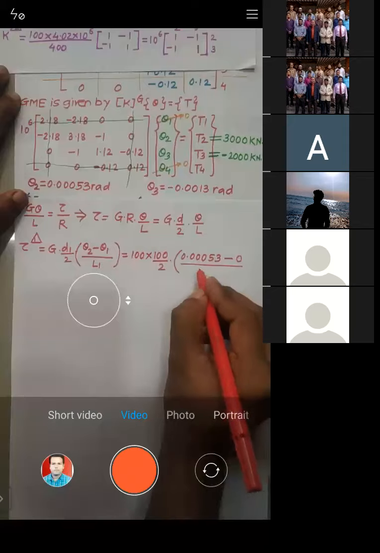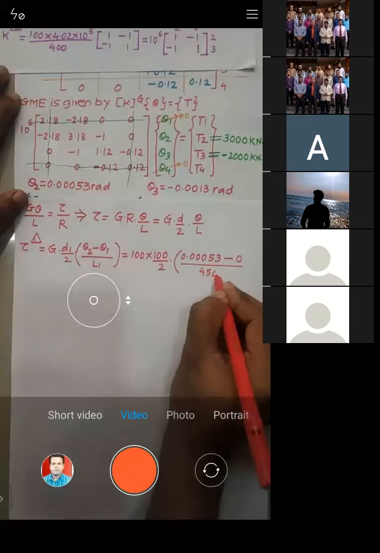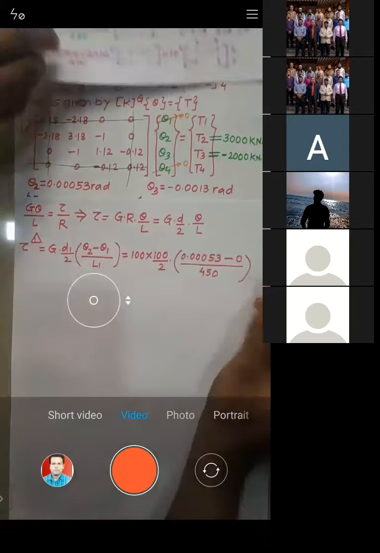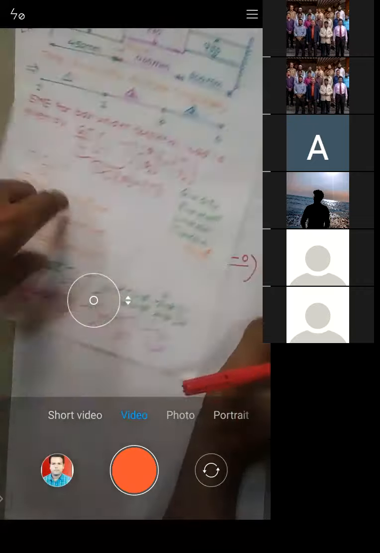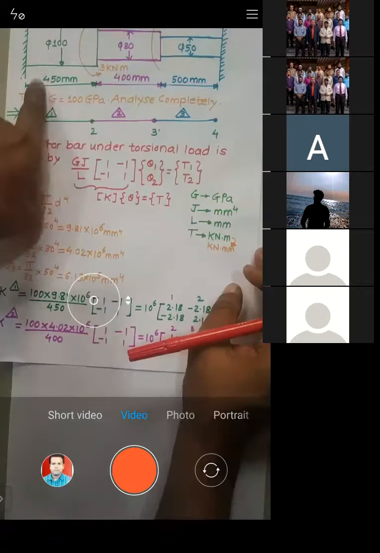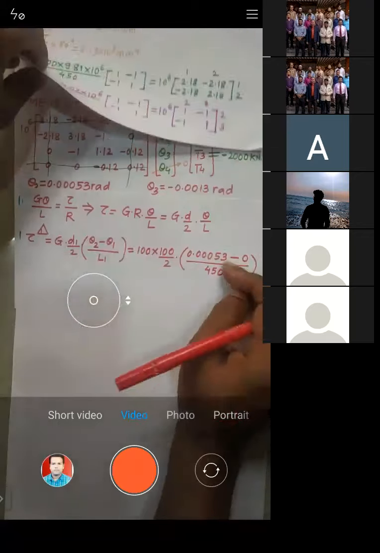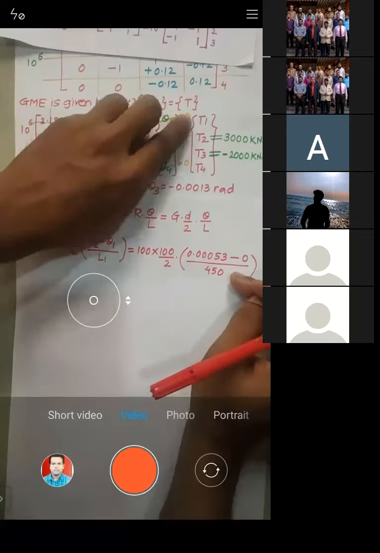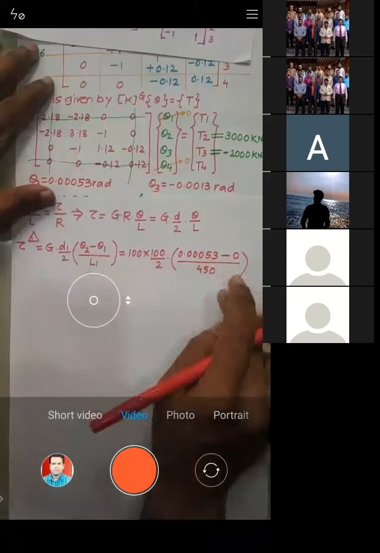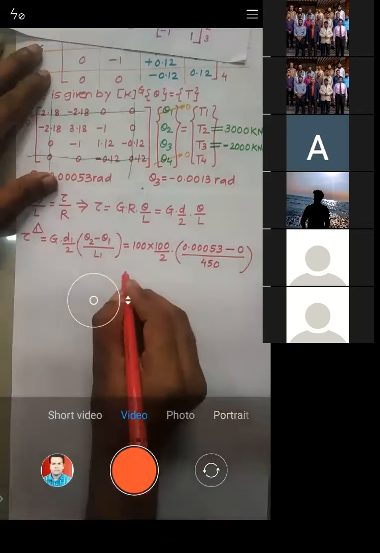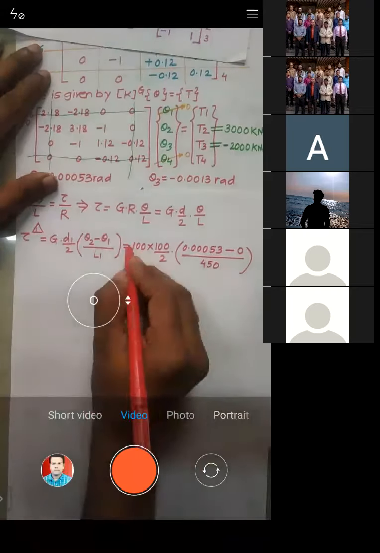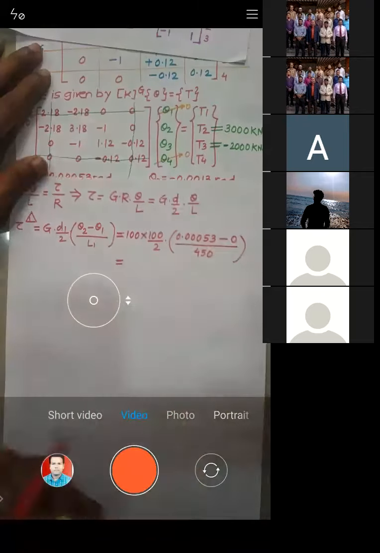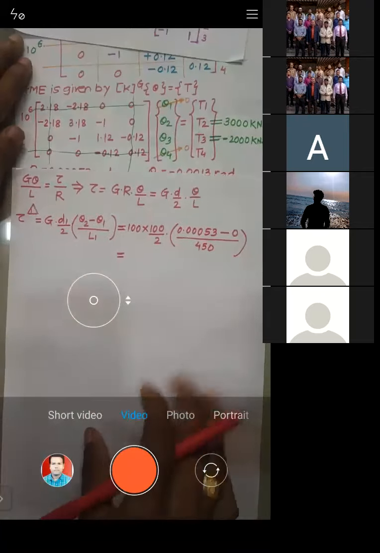It is given as 450. You can see here, the length of the first element is 450, and theta 1 is 0. That is the only value which I put. Now just calculate the value of stress. Do that immediately.